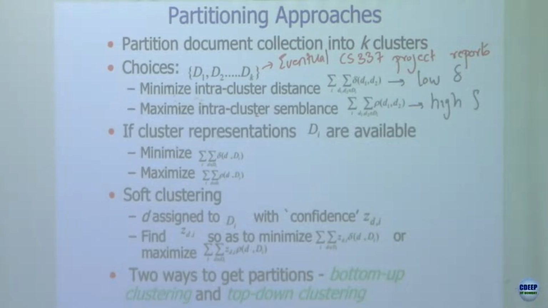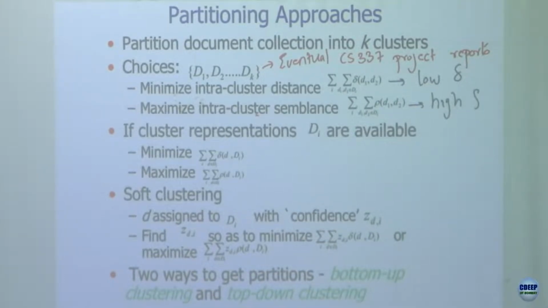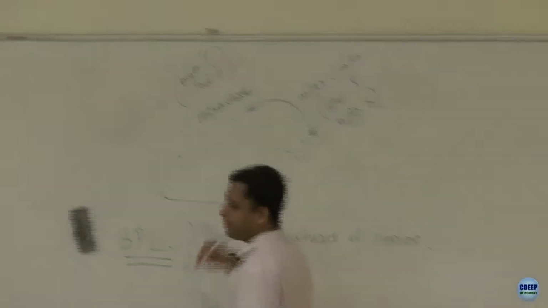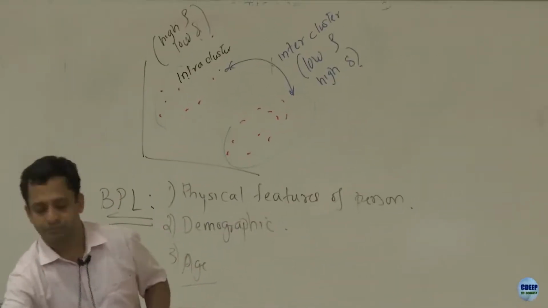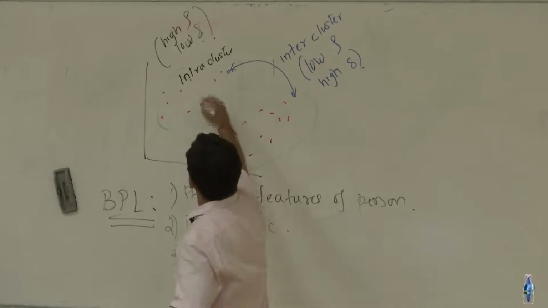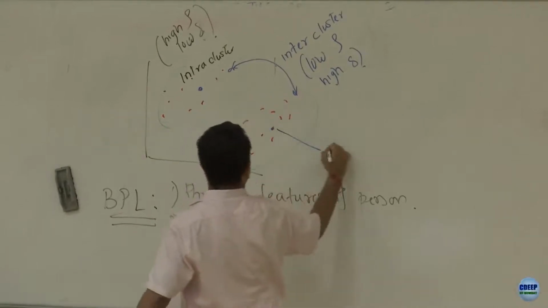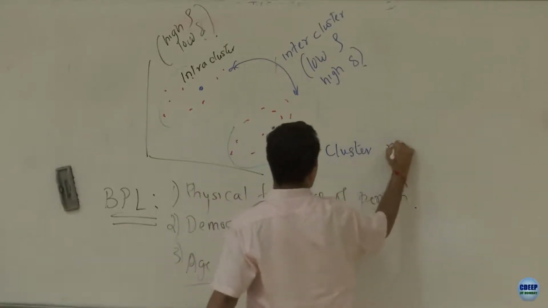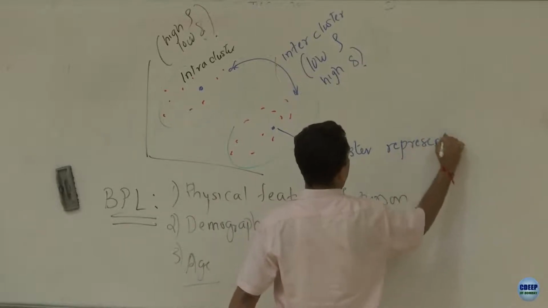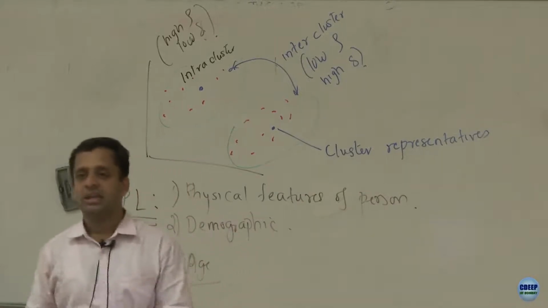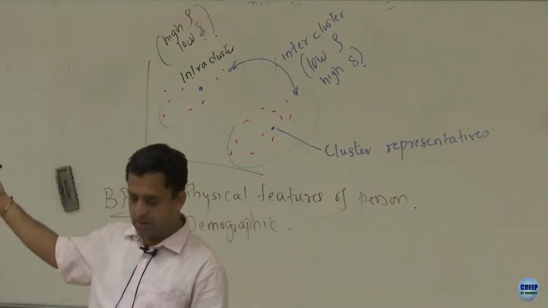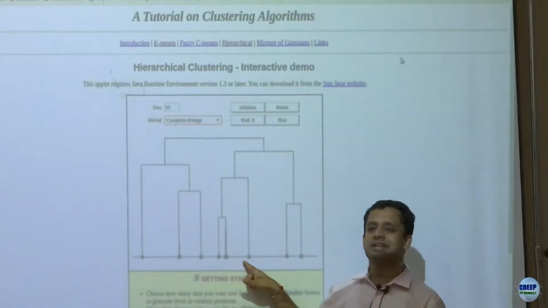Now, a very important point: what represents a cluster? Is it a single point? Is it an average of all the points that sit in the cluster? These are cluster representatives. I gave you the example of the dendrogram, and there possibly every example counts as a representative.